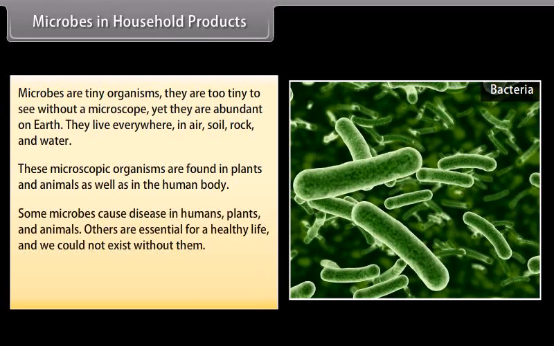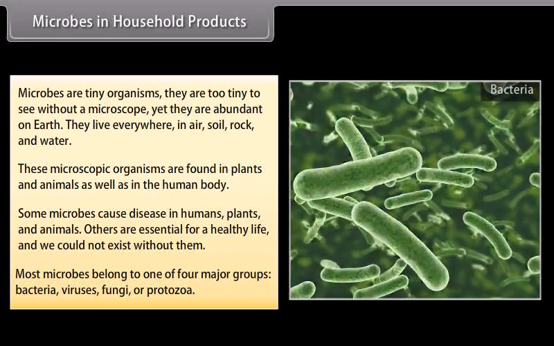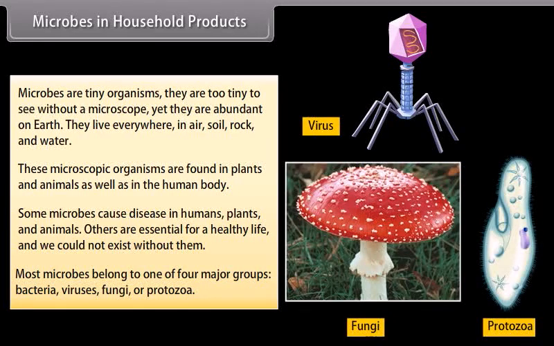Some microbes cause diseases in humans, plants, and animals. Others are essential for a healthy life, and we could not exist without them. Most microbes belong to one of four major groups: bacteria, viruses, fungi, or protozoa.